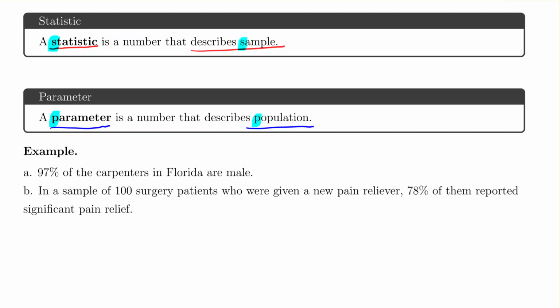So let's look at an example. A: 97% of carpenters in Florida are male. In this example, carpenters in Florida is the population. Therefore, the 97%, which is a proportion, is an example of a parameter.